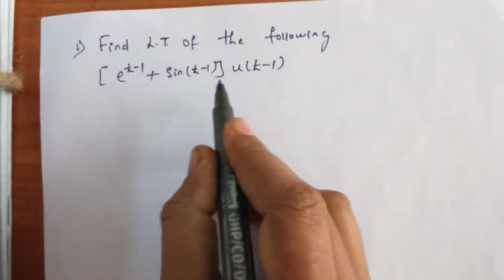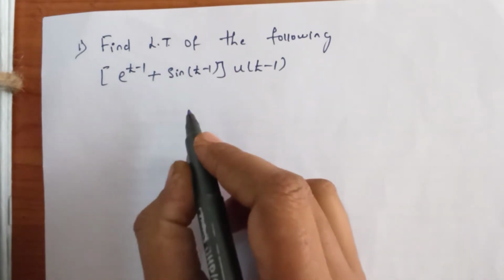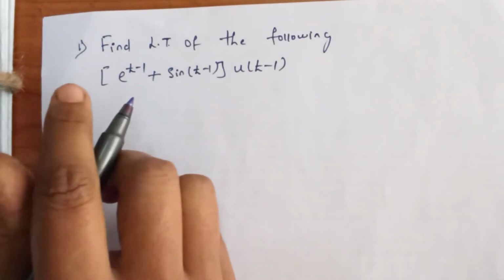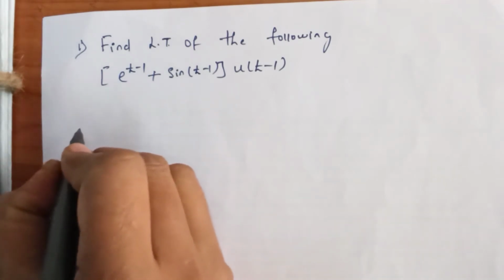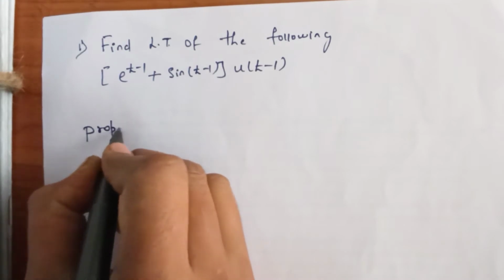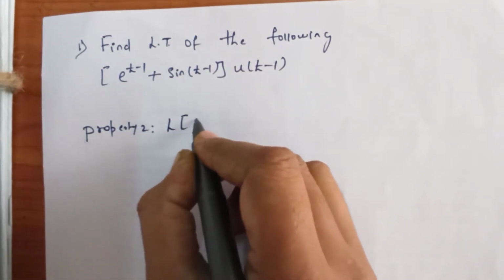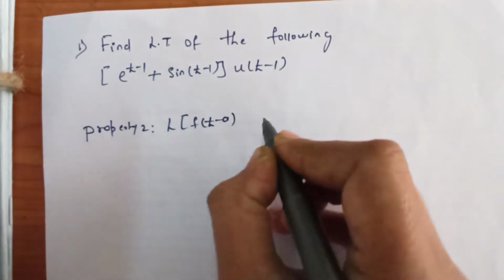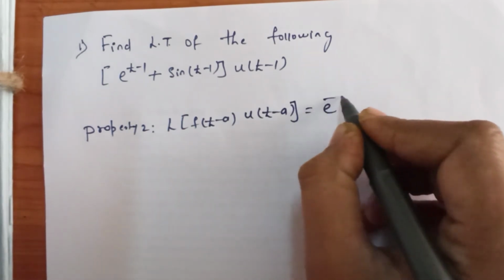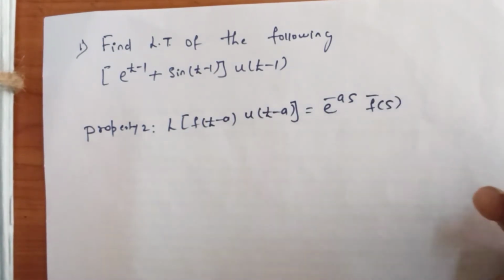If we see this particular function, we can clearly make out that the given function is in the form of the second property. So let us write property 2 once again: the Laplace transform of f(t - a) into u(t - a) is equal to e^(-as) into f bar of s.